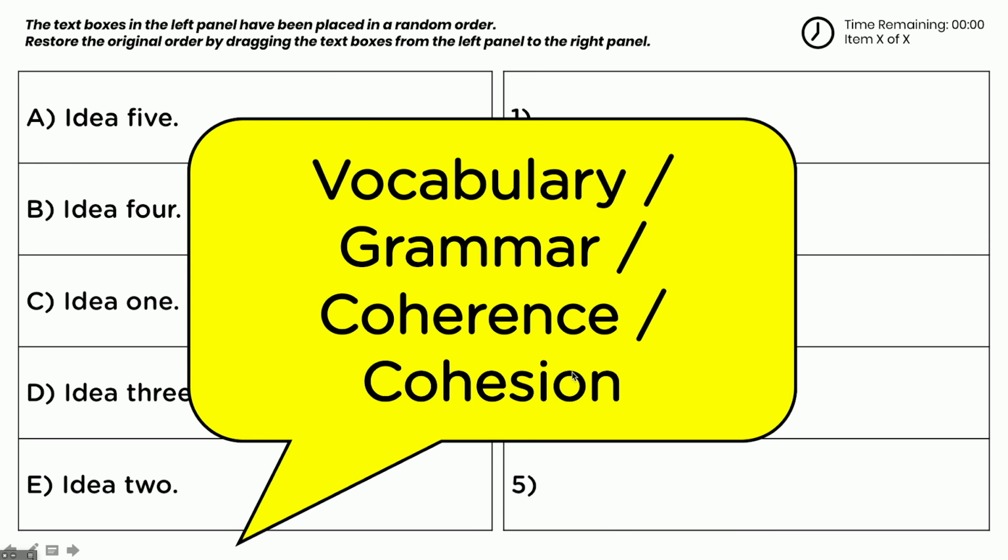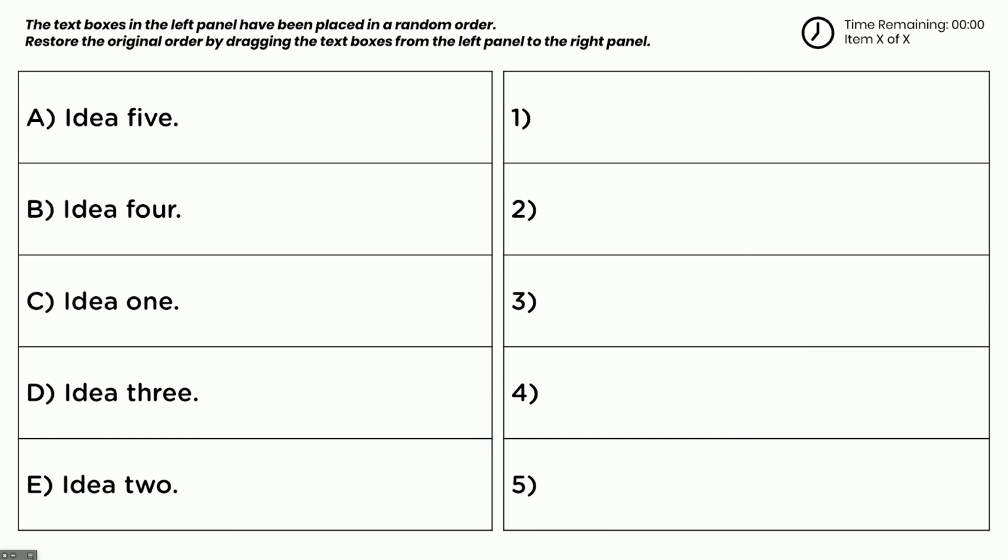So for reorder paragraph, what you're looking at here, of course, is vocabulary. This one focuses a little bit more on grammar, and especially it focuses on coherence and cohesion. And what I mean by that is your ability to take sentences and to sequence them so the information flows from one to the next in a logical way.